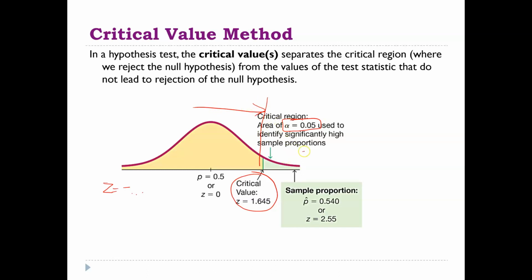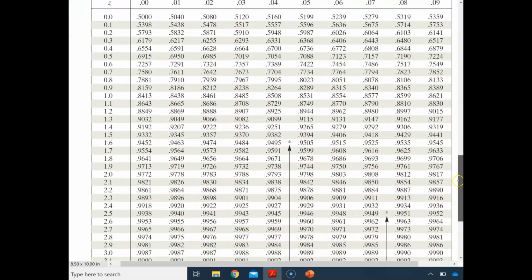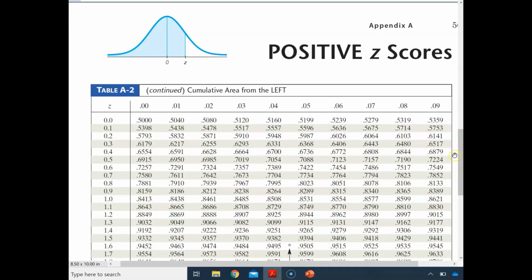Now, if our alpha right here is 0.05, that means that the area on the left of the critical value is 1 minus 0.05, which is 0.95. Let's look at the table A2 to locate z-score that corresponds to this area. Our z-score is positive, so we'll go to the positive z-scores, and we will look for the area to the left of our z-score that is equal to 0.95.